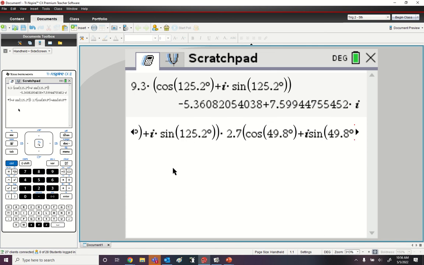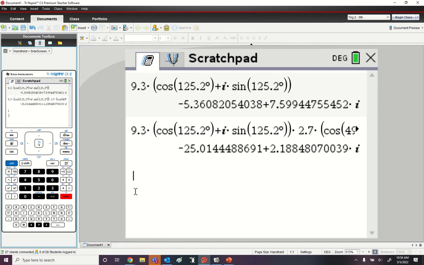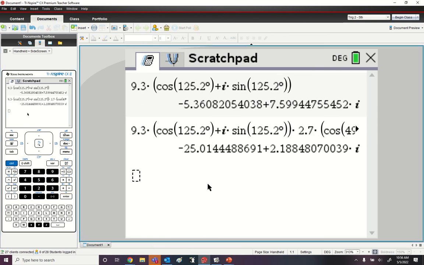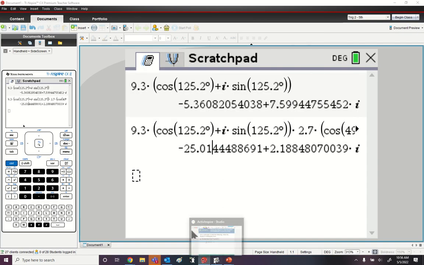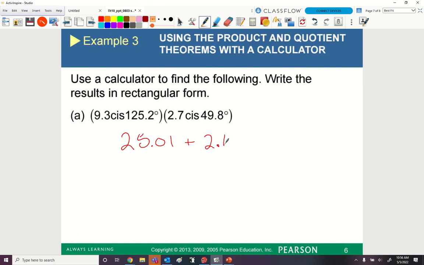All right, so now that we have all that in there, I hit enter, and I get negative 25.01 plus 2.19i. So there it is in rectangular.